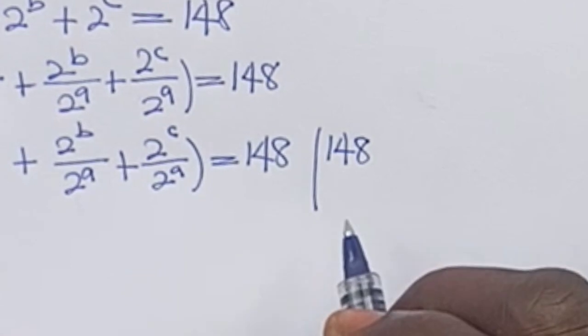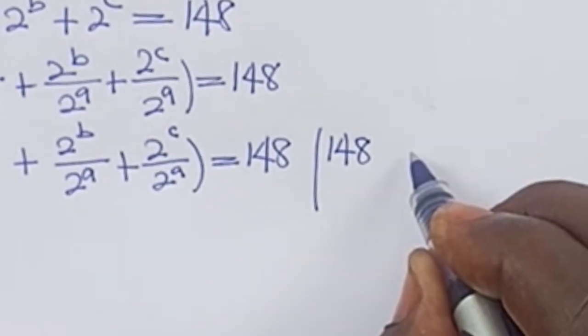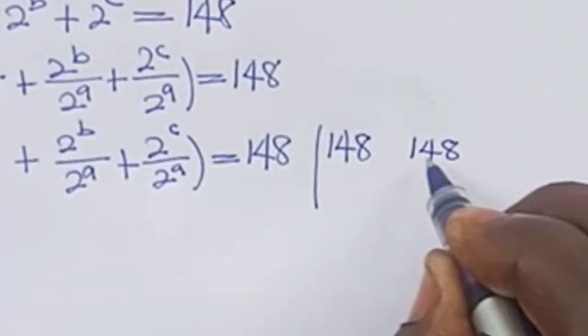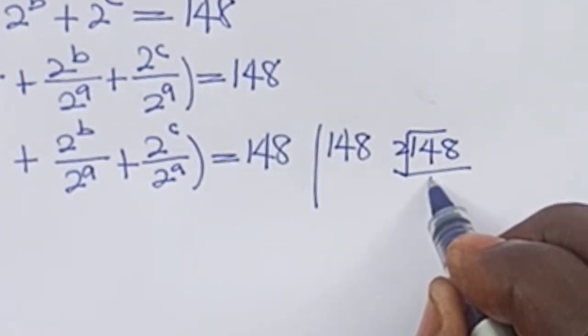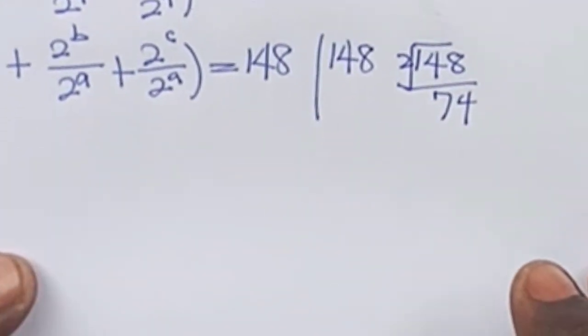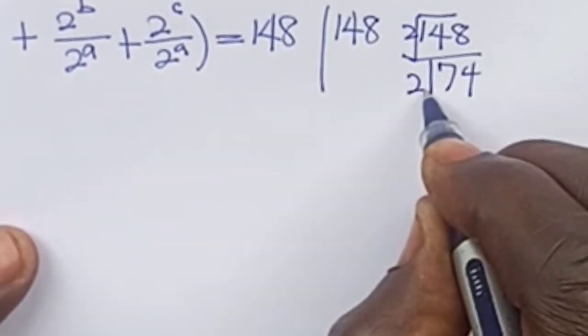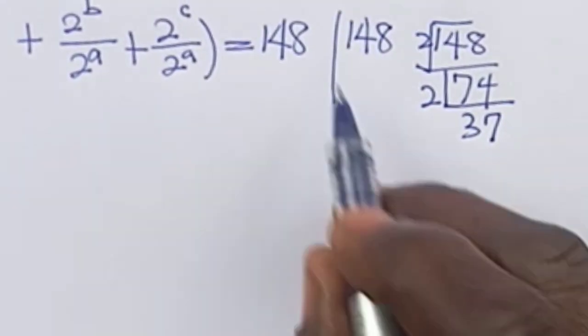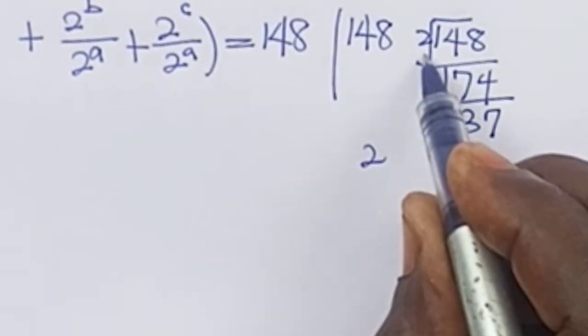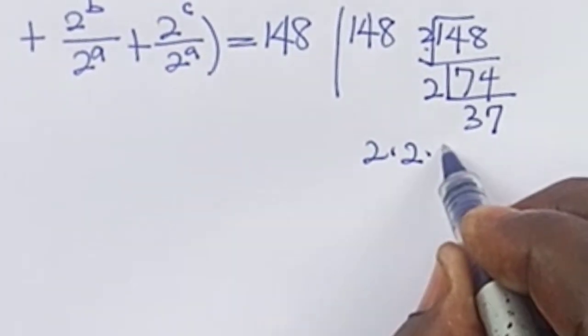I want to write 148 in its factors, that is 148 divided by 2. What we have is 74, and 2 into 74 will be 37. So in the place of 148, we're going to write 2 times 2 times 37.